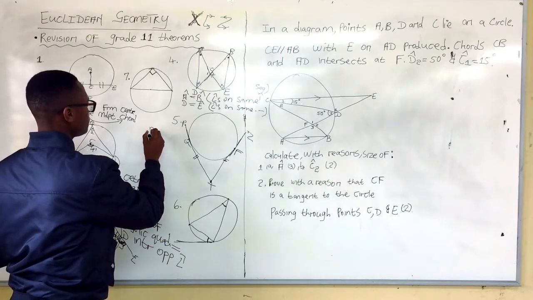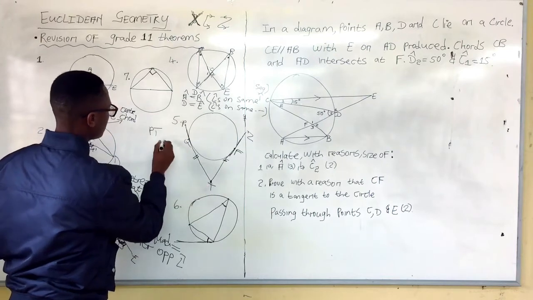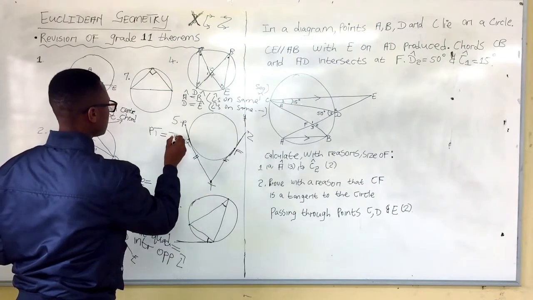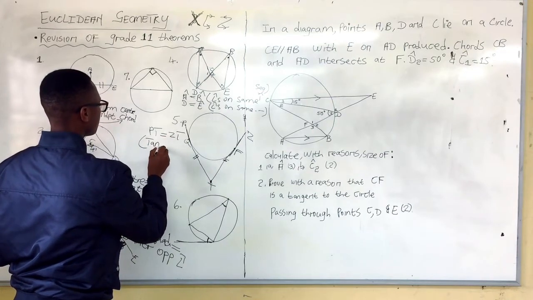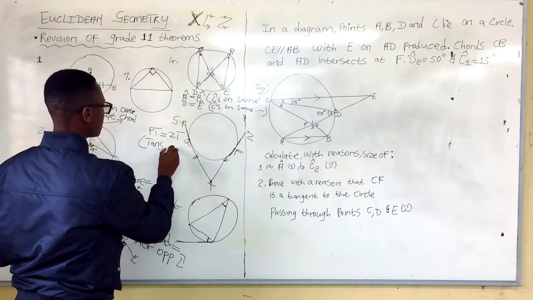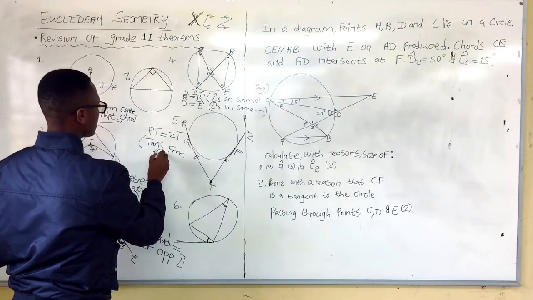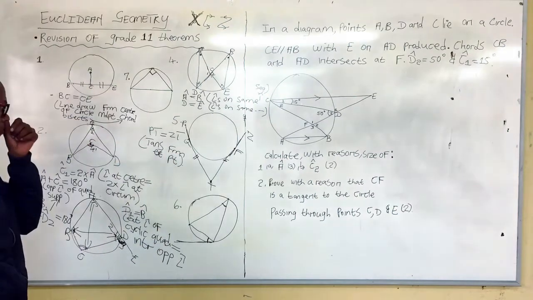So PT is always the same as ZT. The reason is that they are tangents from an external point.